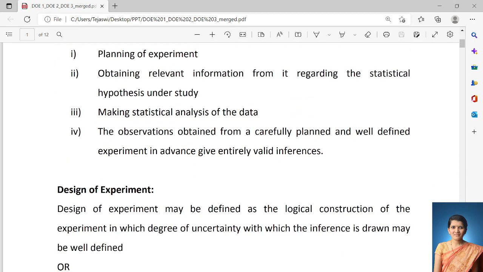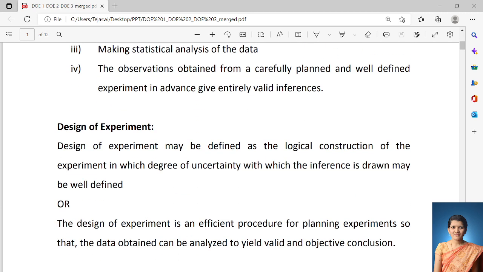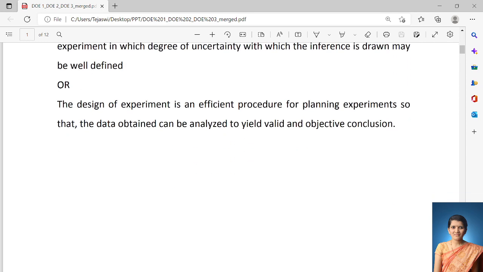So, basic definition of designs of experiment: it may be defined as logical construction of the experiment in which the degree of uncertainty with which the inference is drawn may be well defined, or design of experiment is an efficient procedure for planning of experiments so that the data obtained can be analyzed to yield valid and objective conclusion.